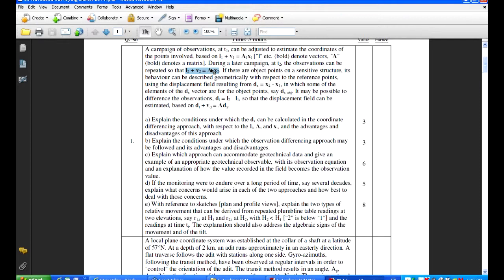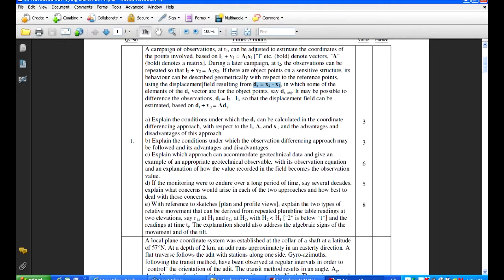If we have the same points in both campaigns, we can take the difference between coordinate values, that's x2 minus x1, where x2 is later than the x1. And so that's the displacement from coordinate differencing. And usually when we do monitoring, there are points of interest, say the points on a sensitive structure like a power dam or something.